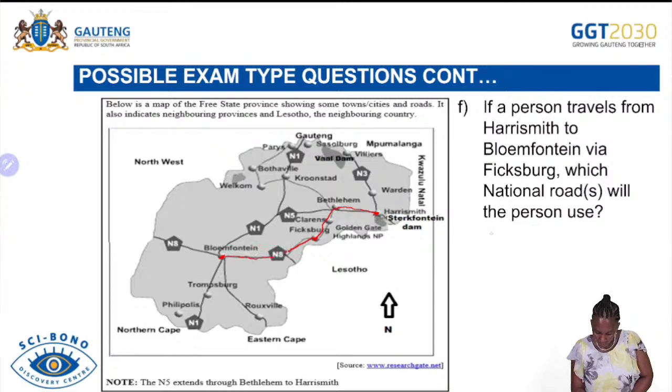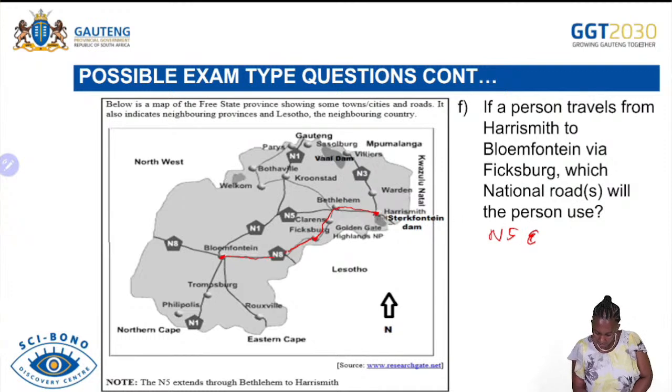So it means they'll be using what? Because here it is N5. So it will be N5, and because the question says, if a person travels from Harrismith to Bloemfontein via Ficksburg, which national road or roads will the person use?